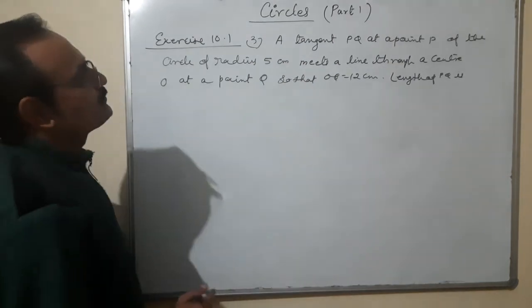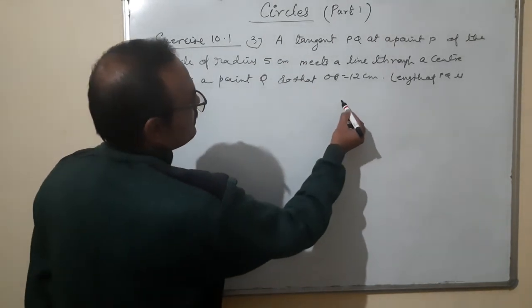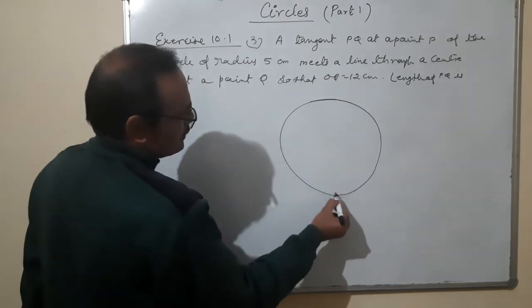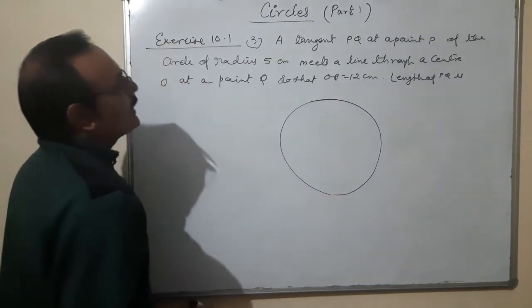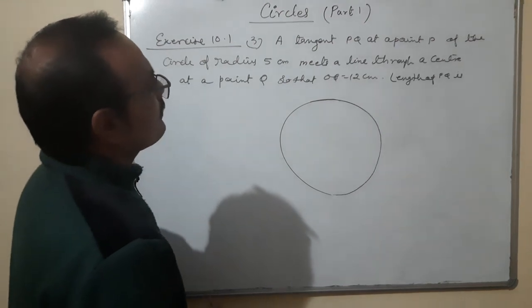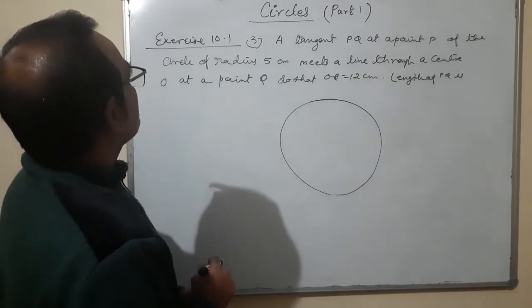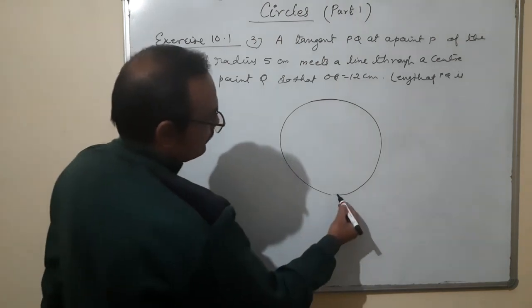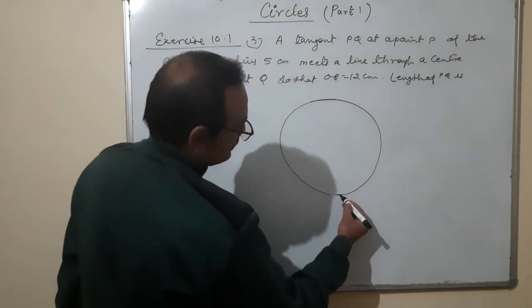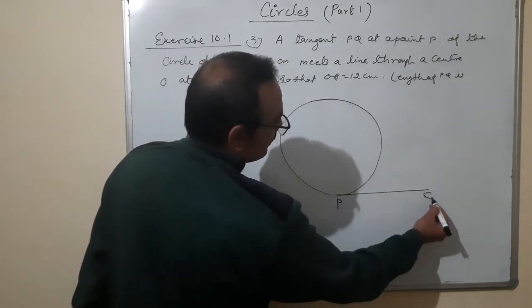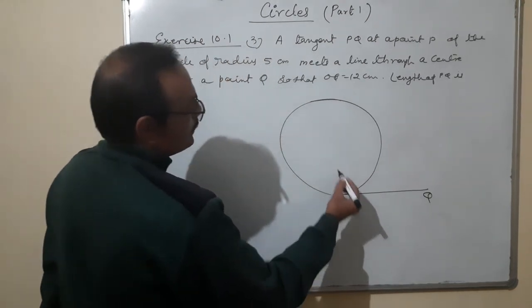Okay, this is a circle. First line says the tangent PQ at a point P of the circle of radius 5.